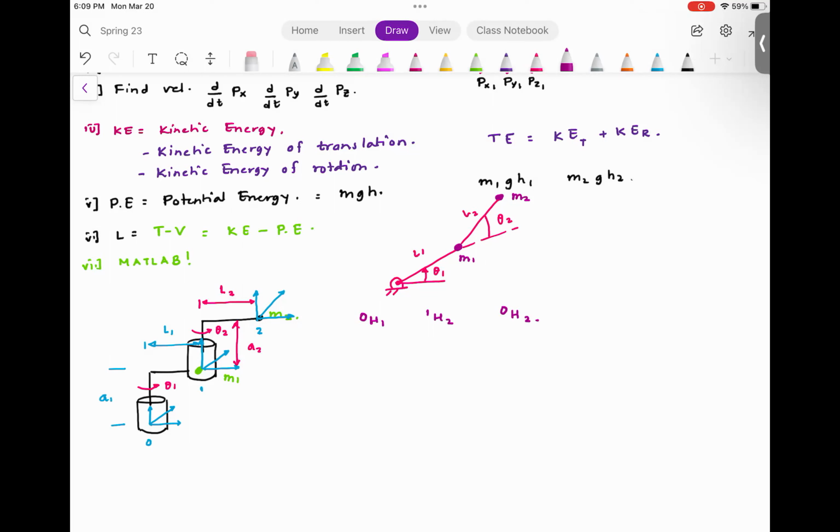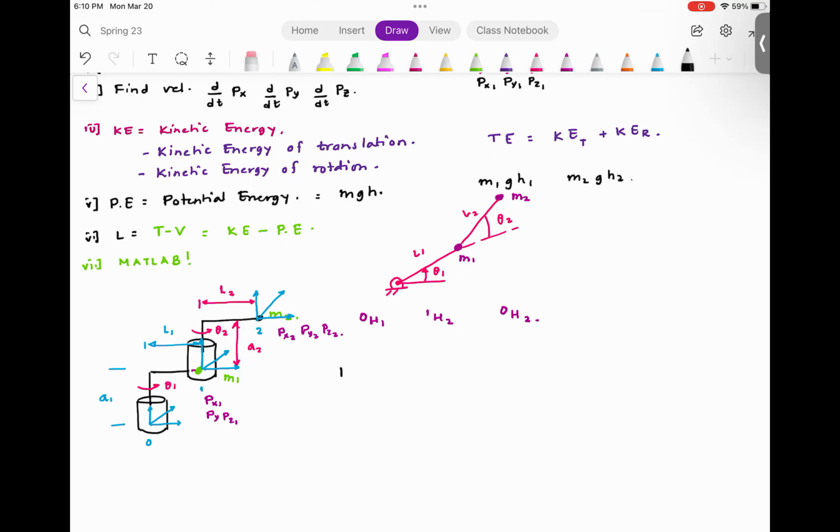So now what I want to do is find out the positions of mass m1. So I'm going to call this px1, py1, pz1. And I want to find out the positions of mass m2, px2, py2, pz2. So if you recollect, and we have solved this problem multiple times, the last column in the homogeneous transformation would give us their respective displacement.